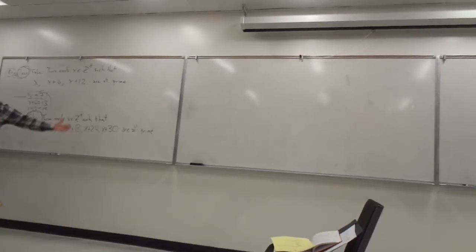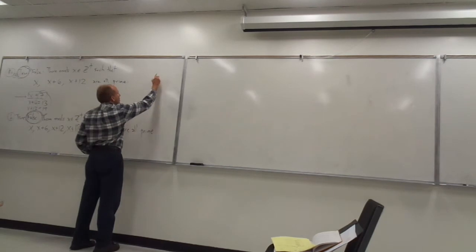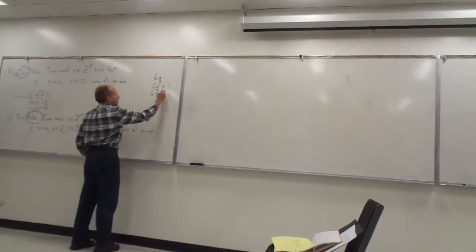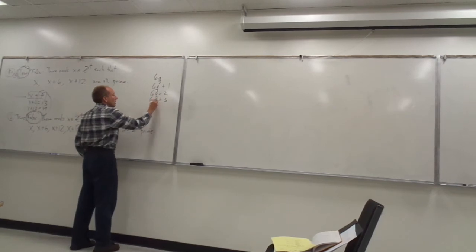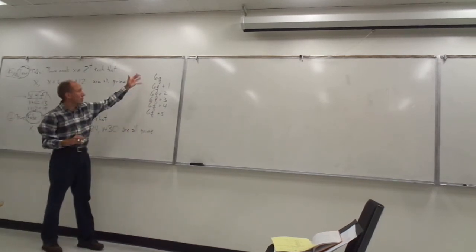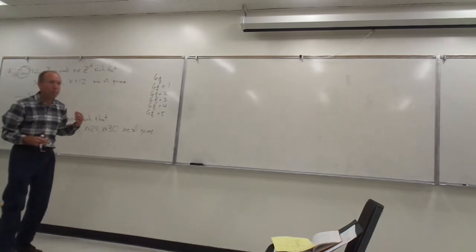Every number can be written in one of these forms, where q is an integer. Every integer has one of these forms. That's by what result? The division algorithm.